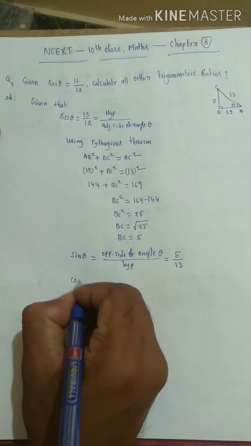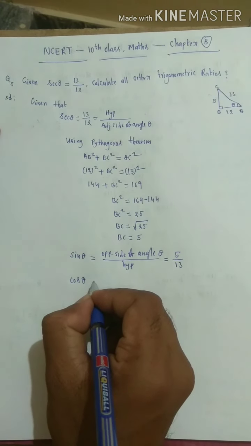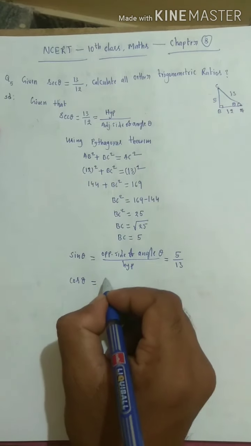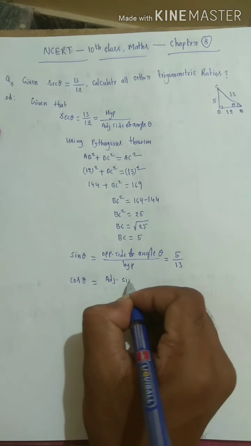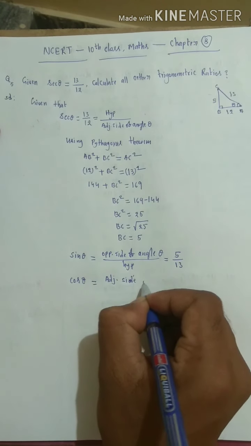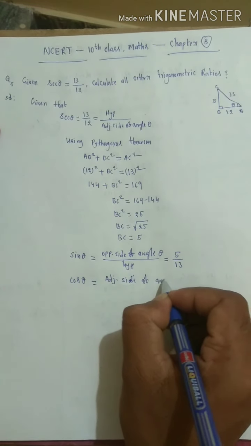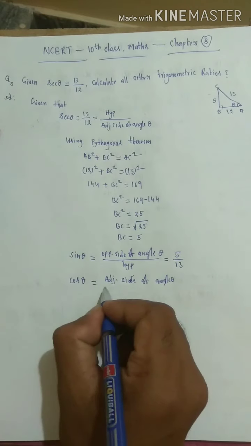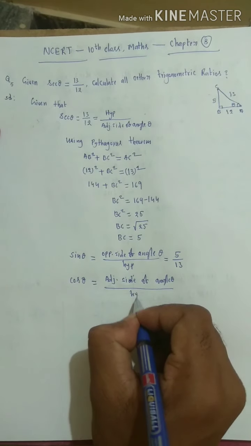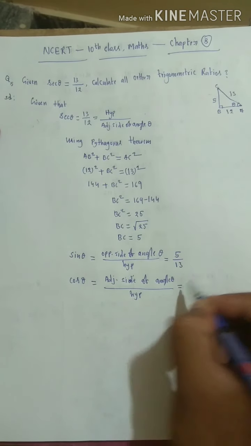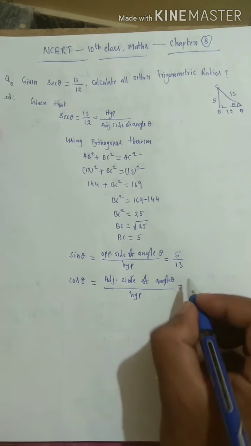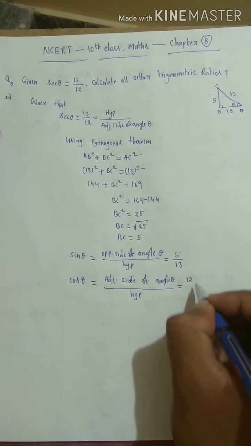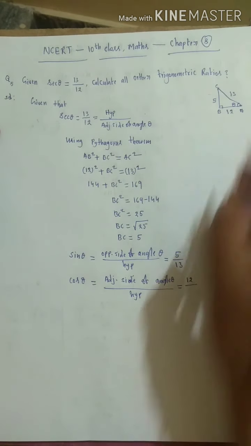Cos theta. Formula of cos theta: adjacent side of angle theta upon hypotenuse is equal to adjacent side of angle theta AB value is 12 upon hypotenuse is 13.